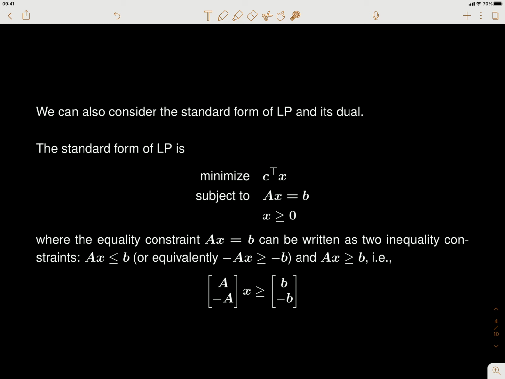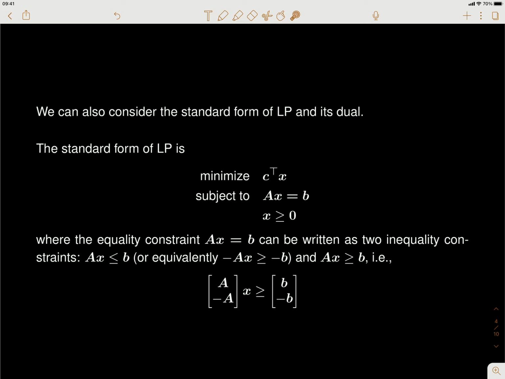So the standard form of the linear program is this. Let's consider the dual problem of this linear program. The only difference is that originally we needed Ax greater than or equal to b, but here we have Ax equal to b.